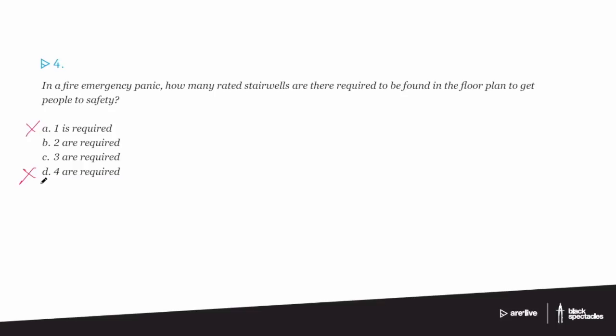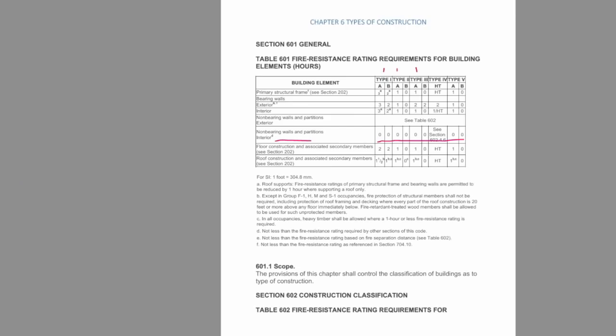But let's just convince ourselves. We already went through the exercise of understanding that we have about 400 people in this building via the code occupancy. So let's take a quick look back into our important little element here, the IBC. When we come down to 1006.3.1, see minimum number of exits or access to exits per story.